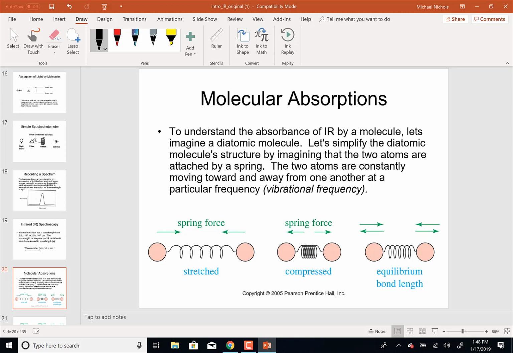A hydrogen attached to a double bonded carbon is going to have a slightly different stretch than if that carbon was sp3 hybridized and part of an alkane. So we can tell the difference between these different functional groups by where they are on the spectrum, by those different frequencies. And that's what we're going to use infrared for.